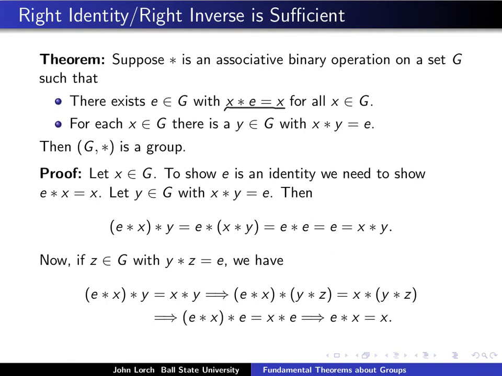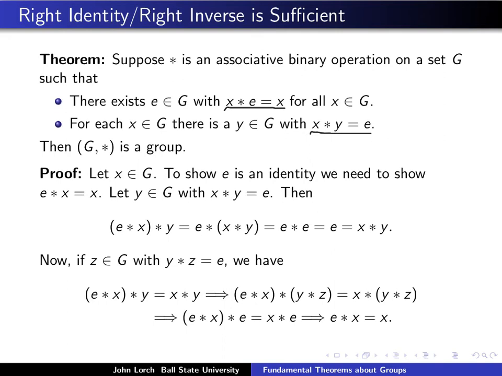and that for each element in the group we have a right inverse. Namely, if we're given x, there exists a y so that x times y is equal to this right identity. Then it turns out that this set with this binary operation is in fact a group.